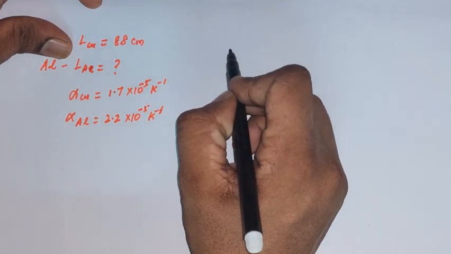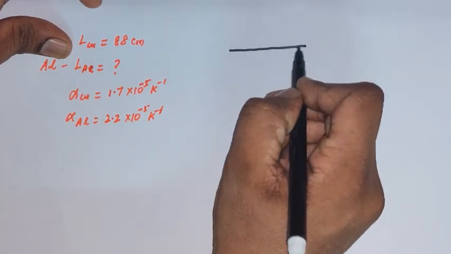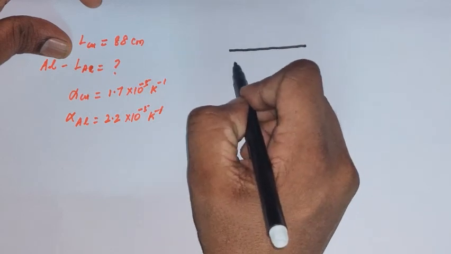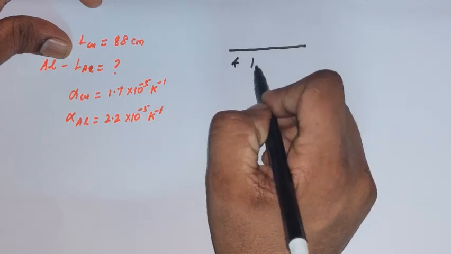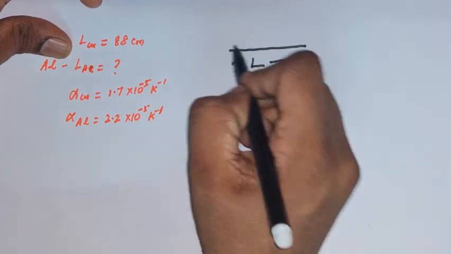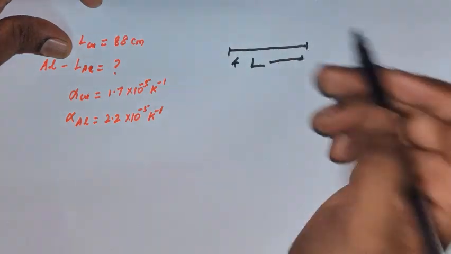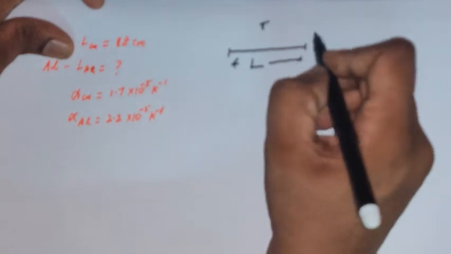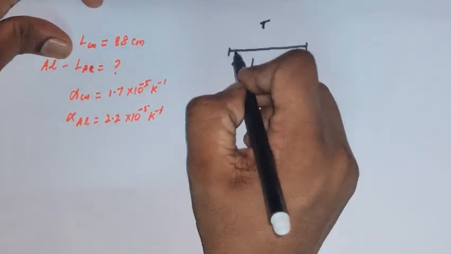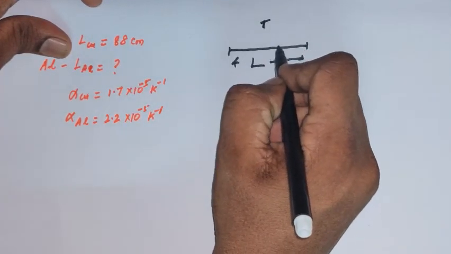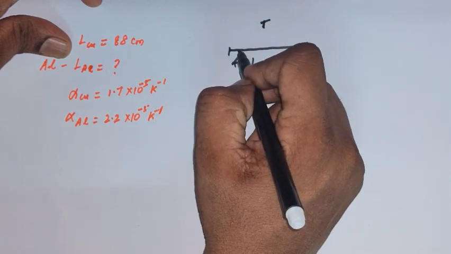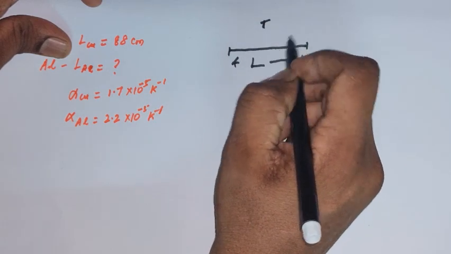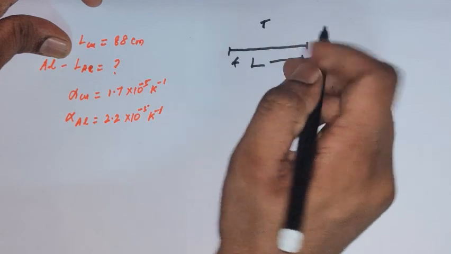Suppose we take any rod of original length L and keep it at some temperature, at room temperature or above. Because of the thermal vibration of the molecules inside the rod, the interatomic separation will increase, so it will expand.